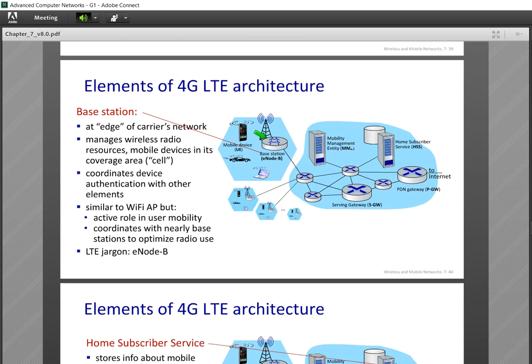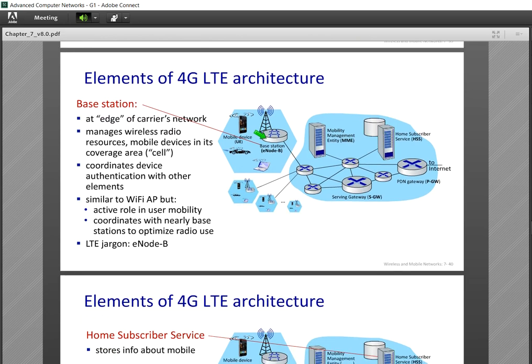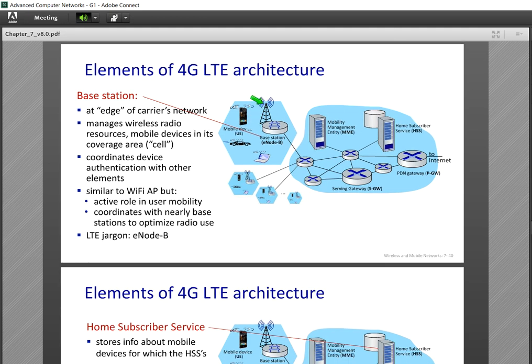So the base station is the edge of the carrier network. The base station manages the wireless resources and mobile devices connected to the base station in this cell, coordinating device authentication. This base station is something similar to a Wi-Fi access point.